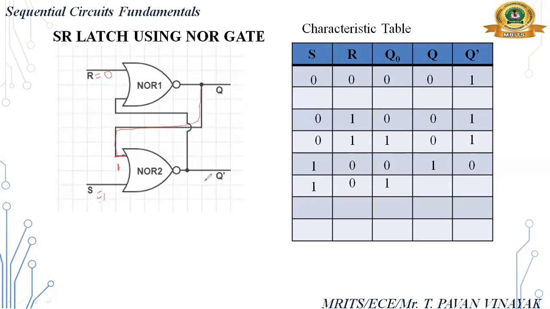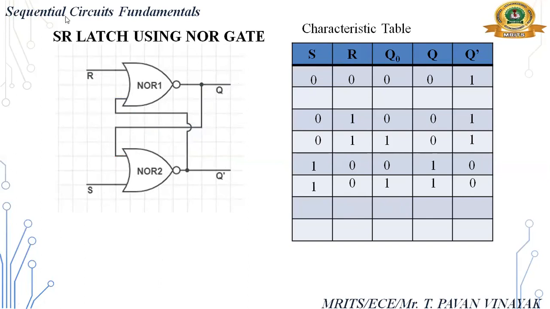So 1, 1 means Q bar is 0. This Q bar will go here. 0, 0 means 1. So what is the value of Q and Q bar now? 1, 0.